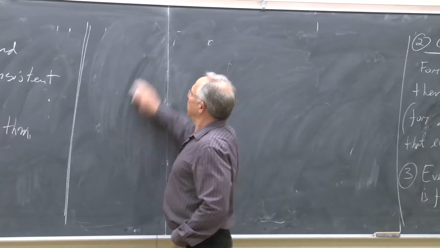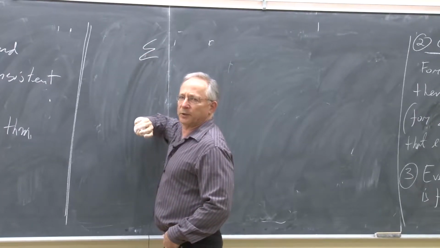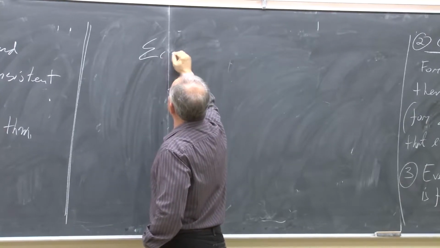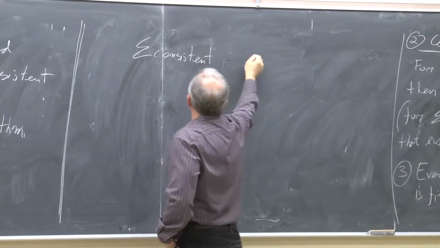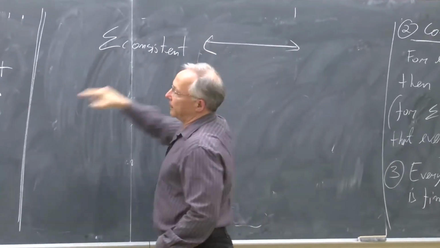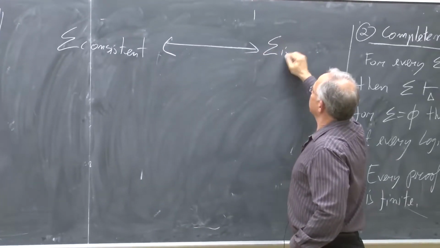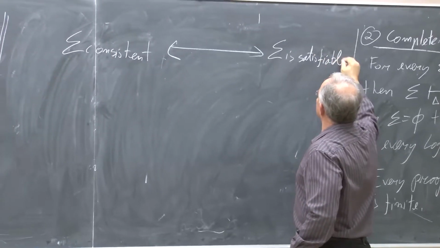is have this table. I don't remember if I showed you this diagram in the propositional logic or not. I will say sigma is consistent. We know by step 2 that sigma is satisfiable.